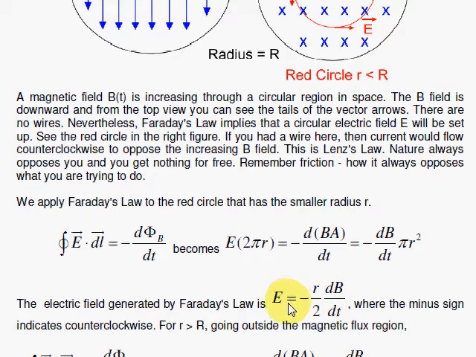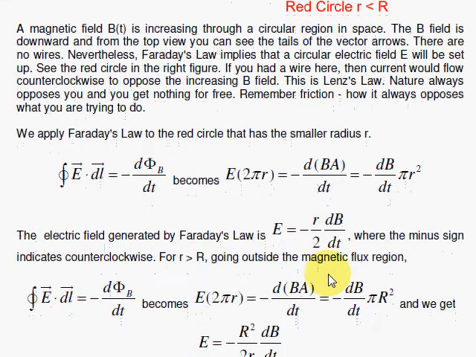Now if you want to do the same thing for a radius that's bigger than the big R, then in that case you have to replace with big R, since that is where the flux is inside your region. This little r is bigger than big R, but that's where the flux is.